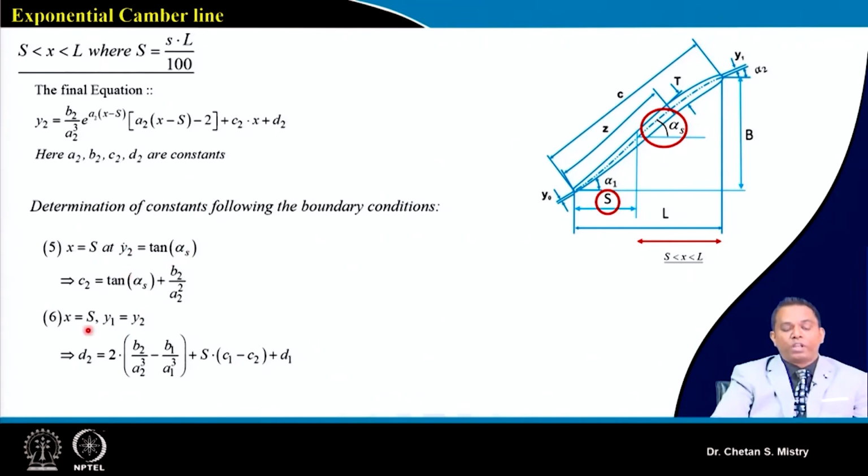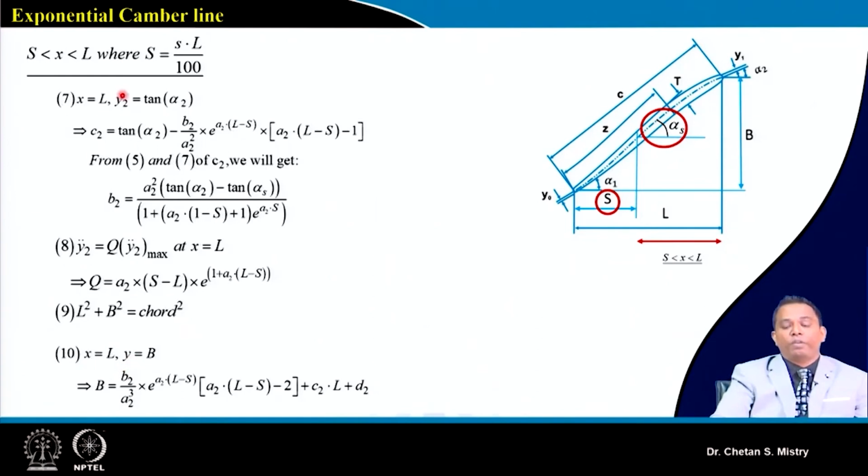Now when we are putting this location, we need to be very careful about the point we are discussing, S, that needs to be a smooth point. The line we are drawing needs to be smooth at this connection point, and that is why at x equal to S we put y1 equal to y2, and that will give me the second constant d2.